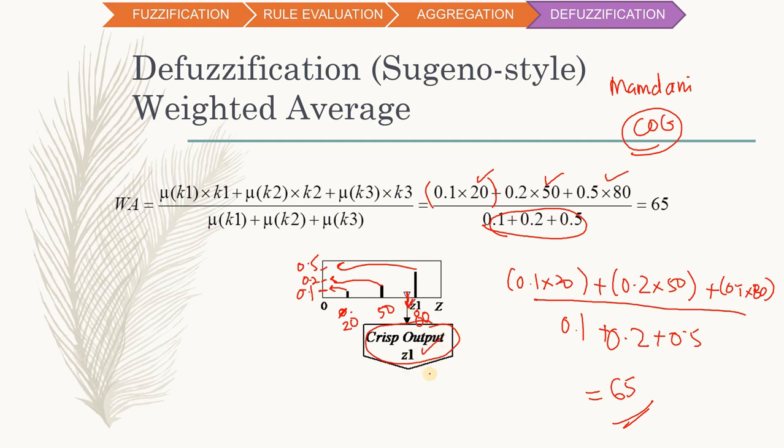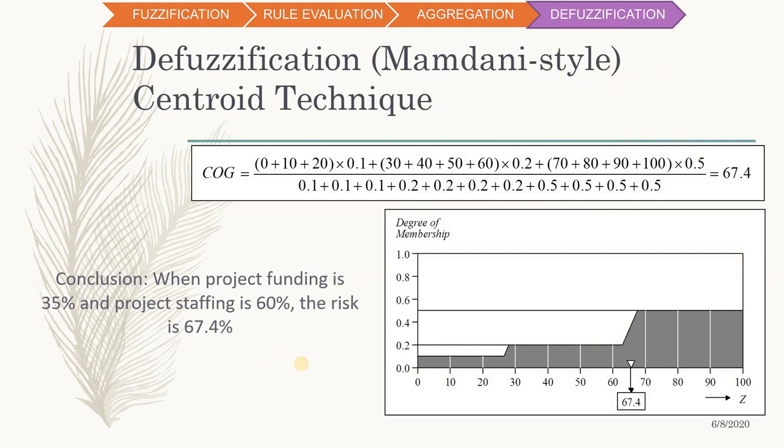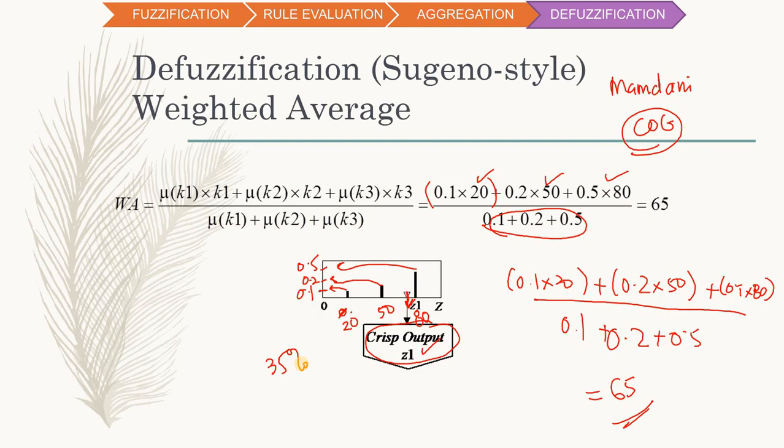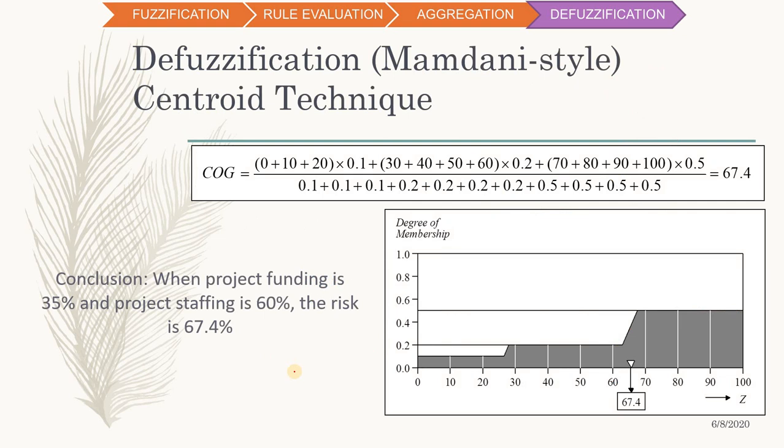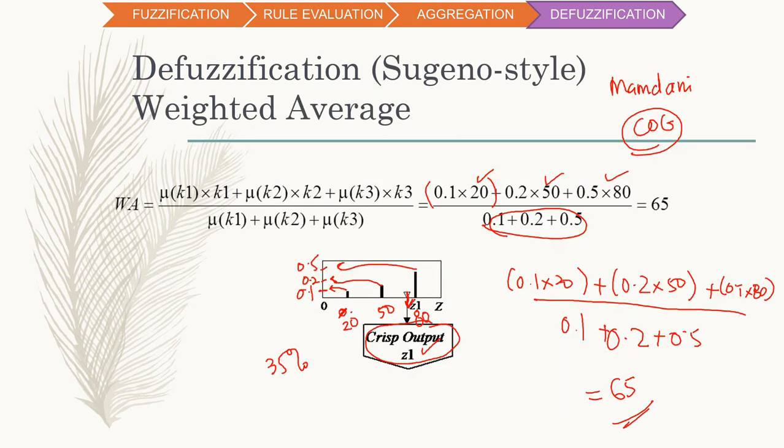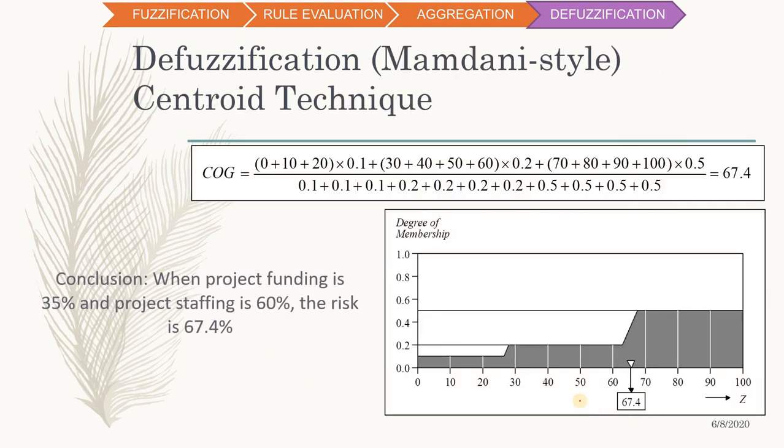Okay, so based on the previous calculation of our fuzzification, for example, say we have 35% of project funding and 60% of project staffing. So our risk output based on Sugeno style of rule evaluation, we are going to have 65% of risk.